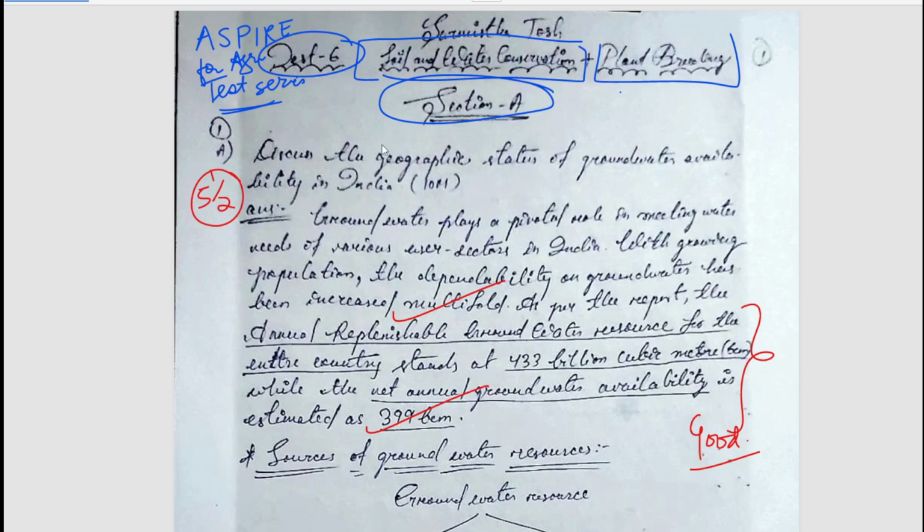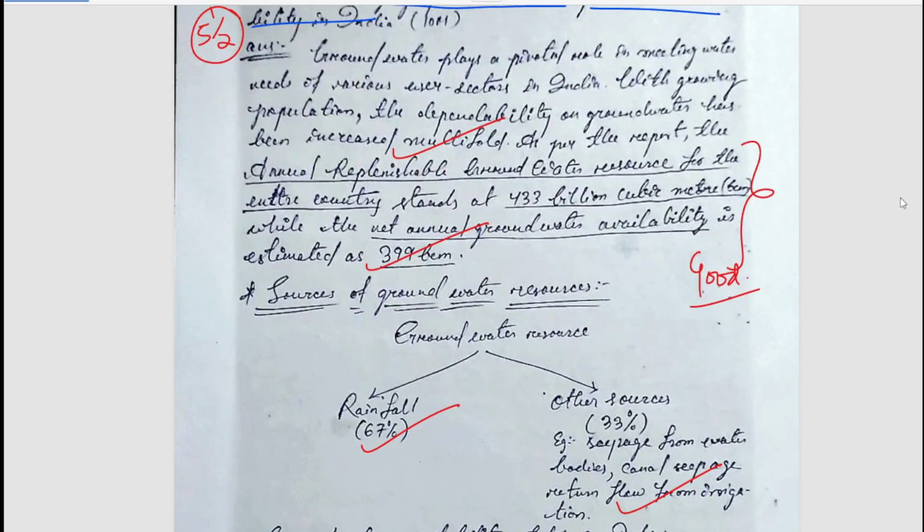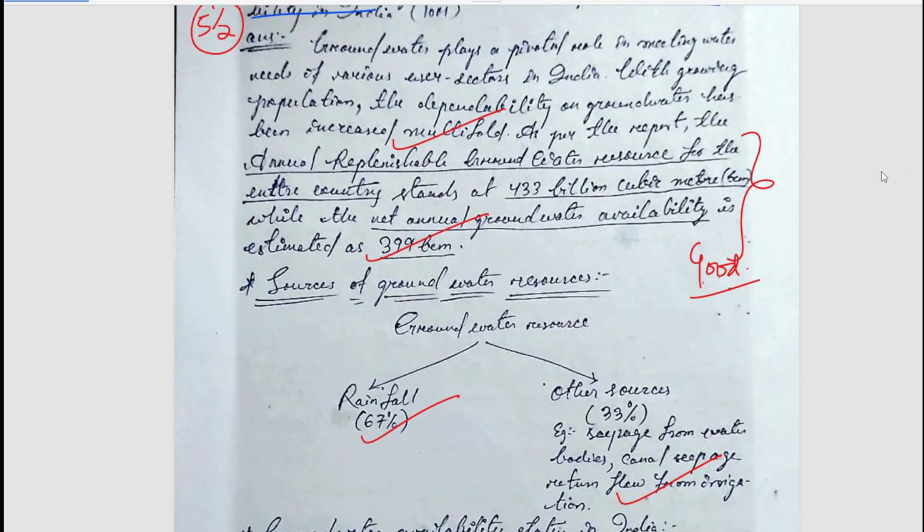So the first question is, discuss the geographic status of groundwater availability in India. So actually, yes, we all know the importance of groundwater in our country, and you can see here the student has written about annual replenishable groundwater resource, how much replenishment can be seen in groundwater.